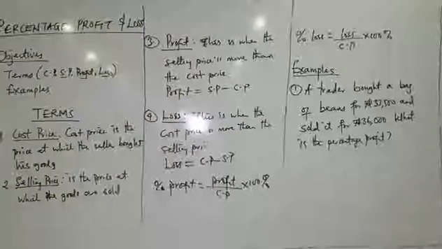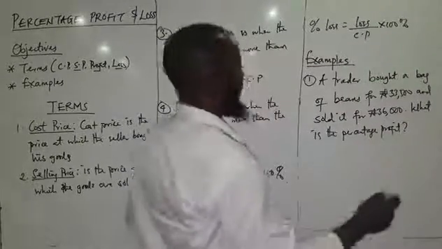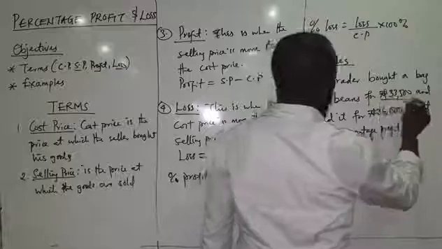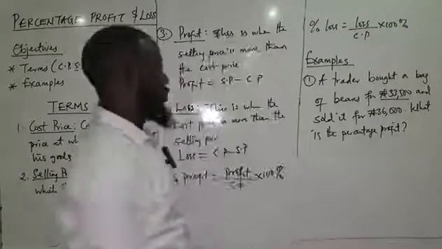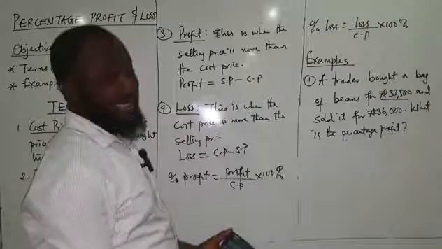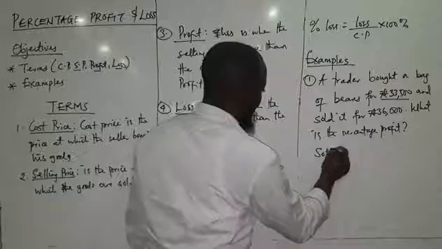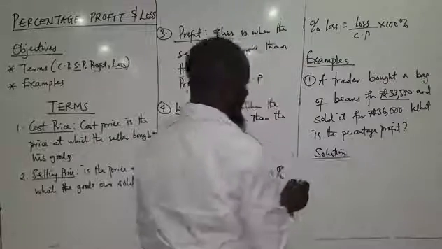So this is the first example. A trader bought a bag of beans for 33,500 naira and sold it for 36,000 naira. What is the percentage profit? So the first thing we need to look for here is the profit.